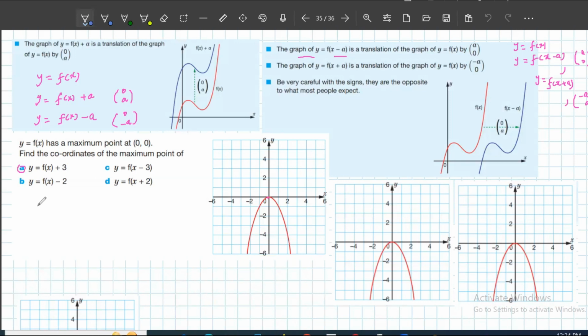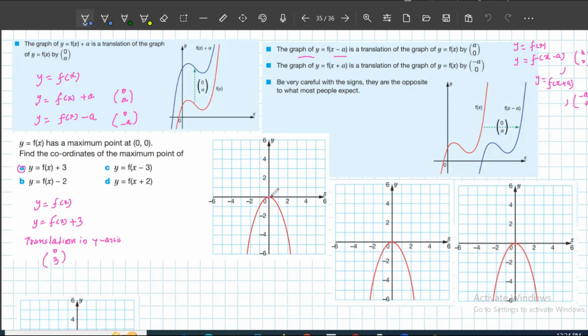We already know that if we have y is equal to f of x, and now y is equal to f of x plus 3, this is a translation in the y-axis, and the translation vector is (0, 3), meaning 3 units up.